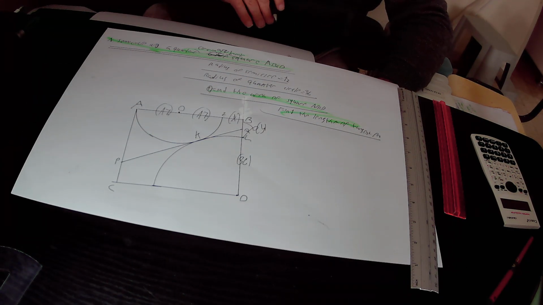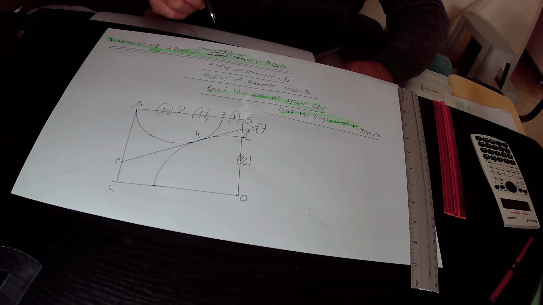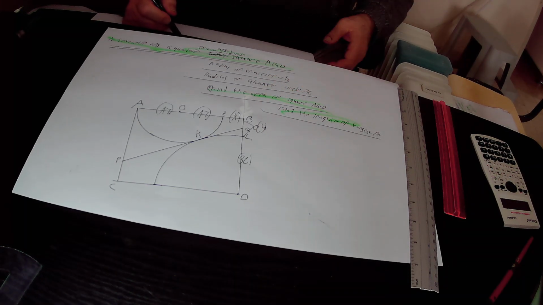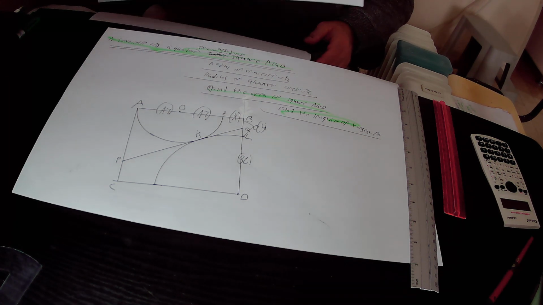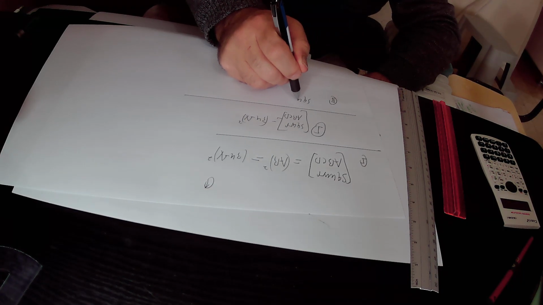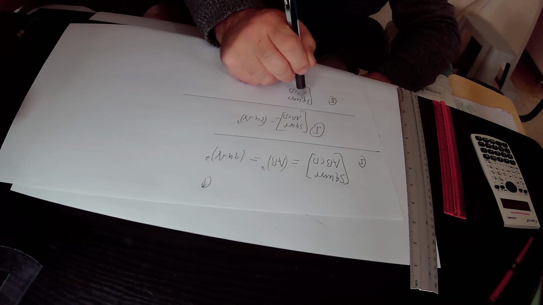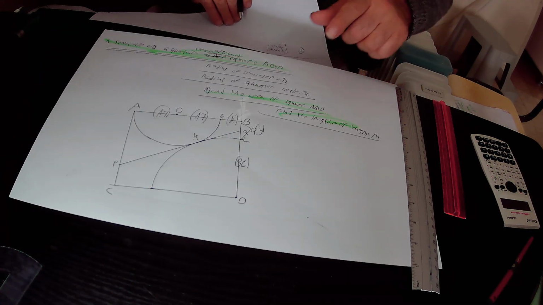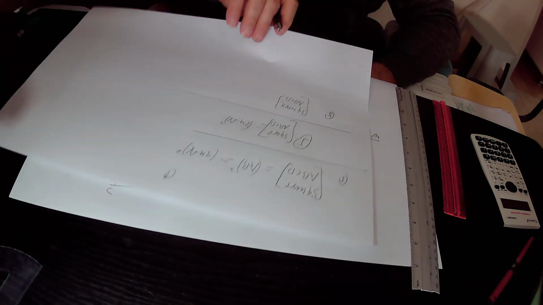We calculate the area of this square ABCD in another way. We just choose the side BD. The area of square ABCD according to the second method of calculation is equal to BD squared, the length of one side squared.